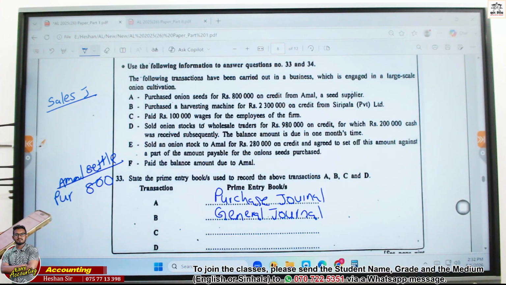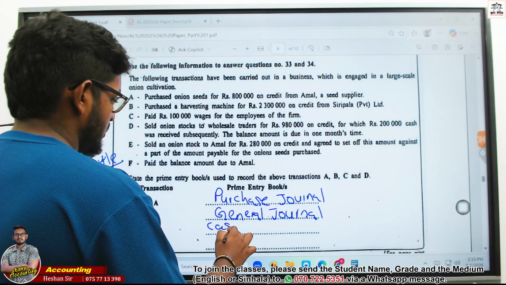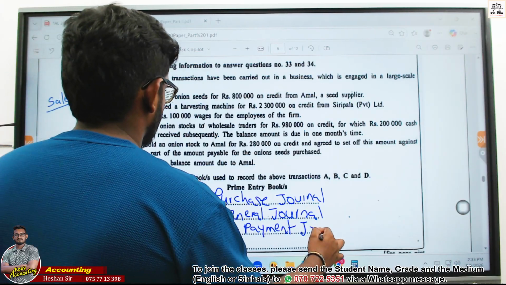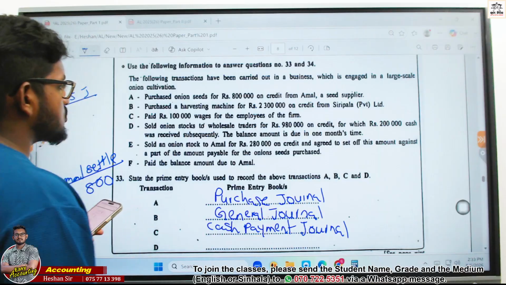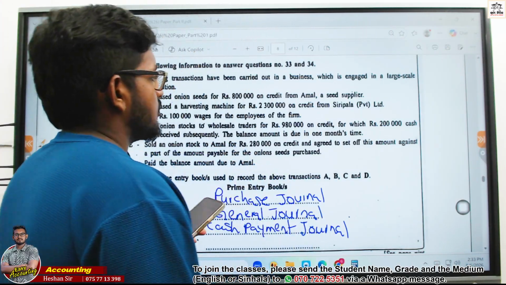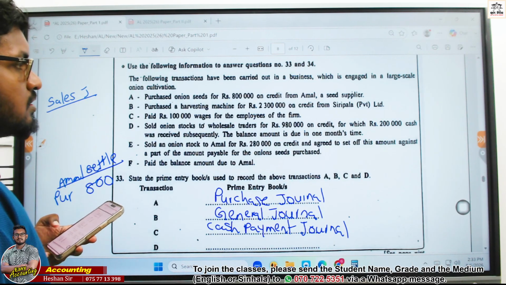Paid 100 wages for the employee in cash. That goes to the cash payment journal. Sold onion stocks to wholesaler traders 980 on credit, for which 200 cash was received subsequently, right?